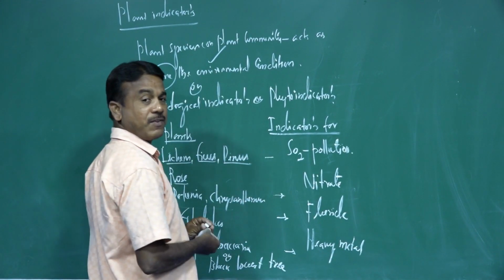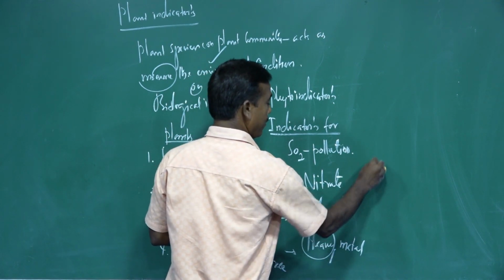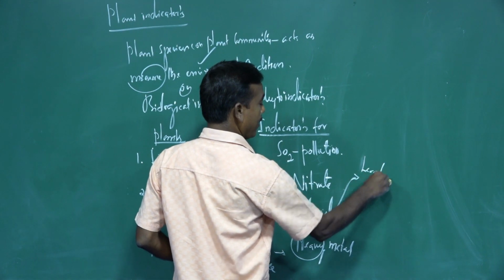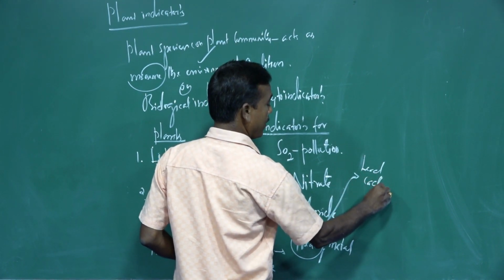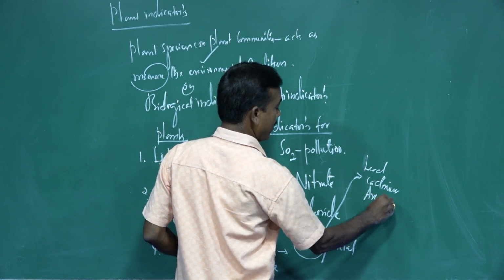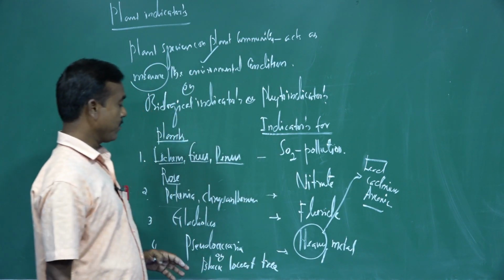Do you know examples of heavy metals? They are lead, cadmium, and arsenic. Those are all commonly called heavy metals.